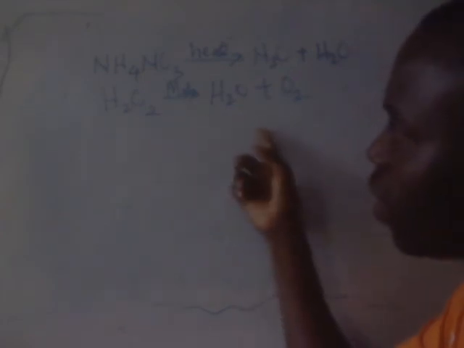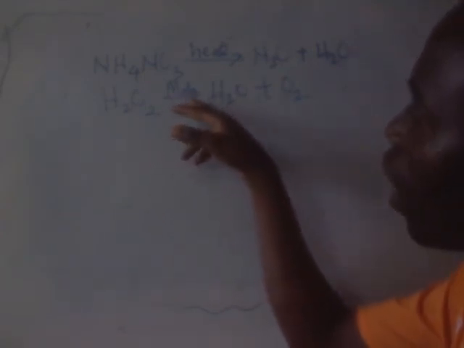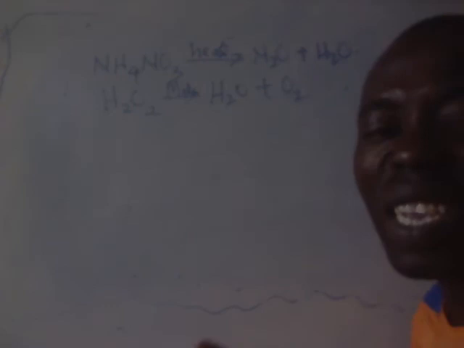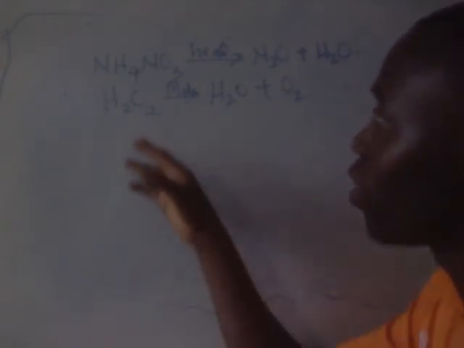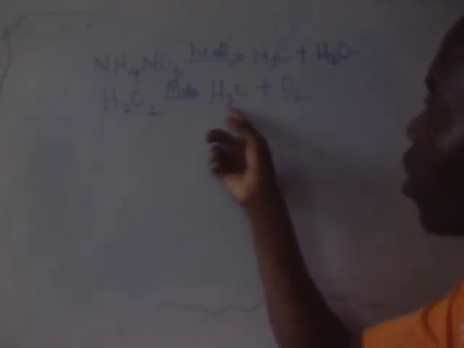Oxygen gas. Can you see oxygen is liberated in this? In the lab, if you don't put the catalyst, it will take time for oxygen gas to be liberated. But you put the catalyst, manganese 4 oxide, which is usually added to speed up the decomposition of hydrogen peroxide into water and what?